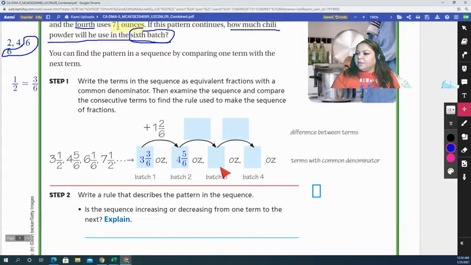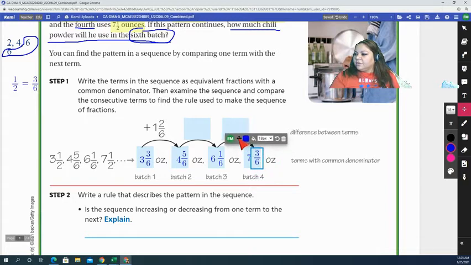And then the next number is 6, so we can keep it the same way as well. 6 and 1/6. And then 7 and a half, but we already know that a half is the same as 3/6. So I'm just going to rewrite 7 and 3/6.